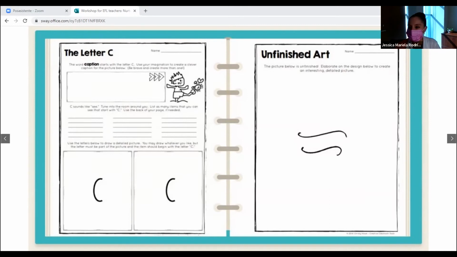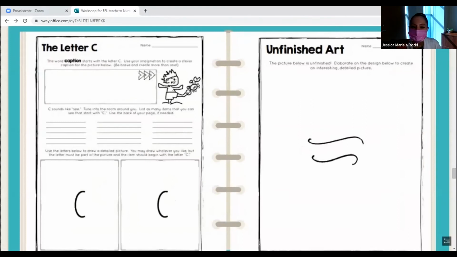Nestor, Suhelen, Juani, Elliot. No? About the caption for this crab and kid, or for this other picture of these lines?